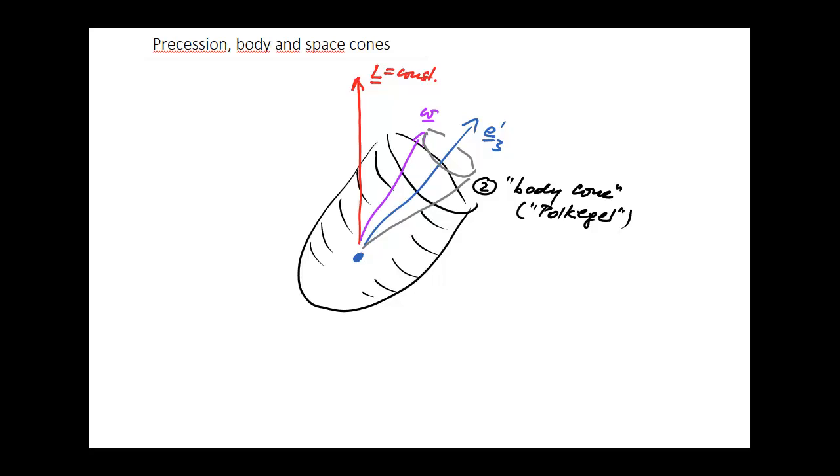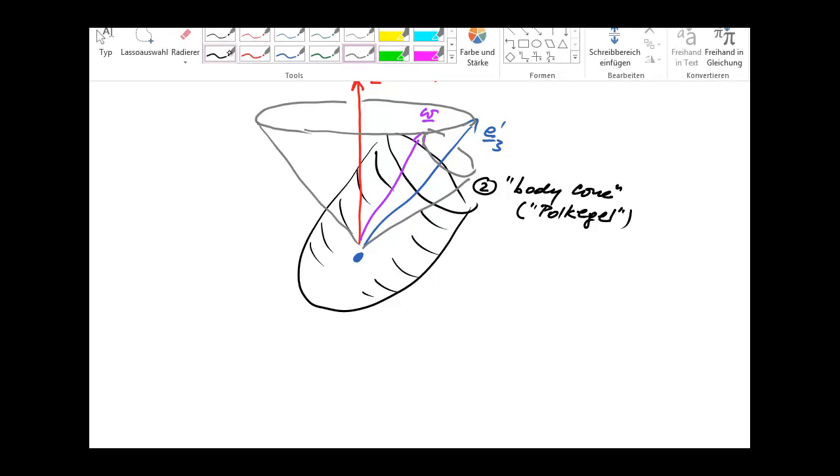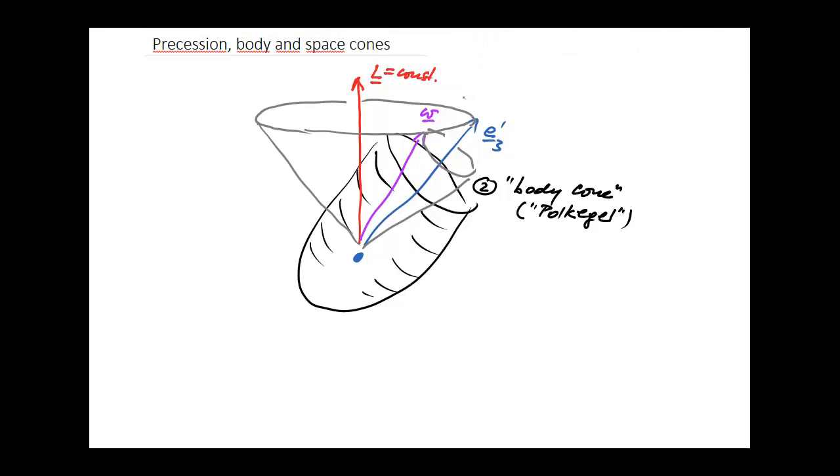Then we learned that E3 primed lies on a cone around L. So let me draw a large cone here. This is the cone on which E3 lies. This was our conclusion number 3.